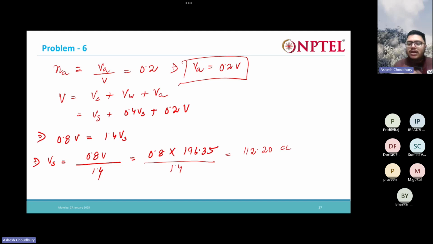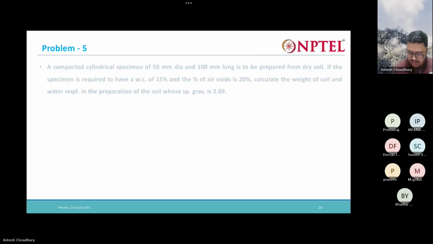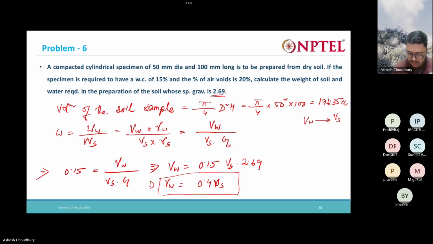From Vs you need to calculate Ws. Just a while back we had used this relation. What is Ws?